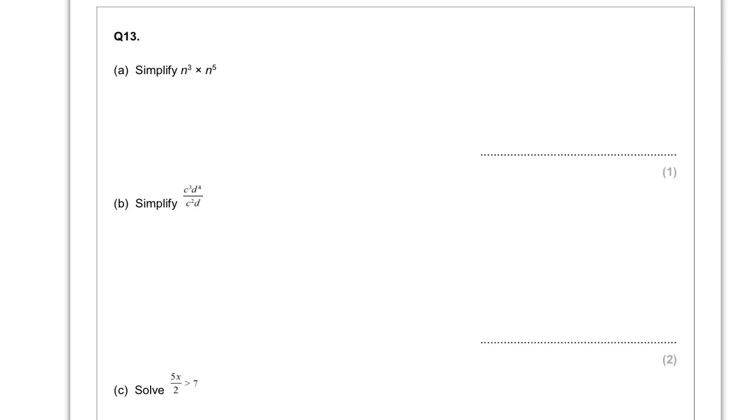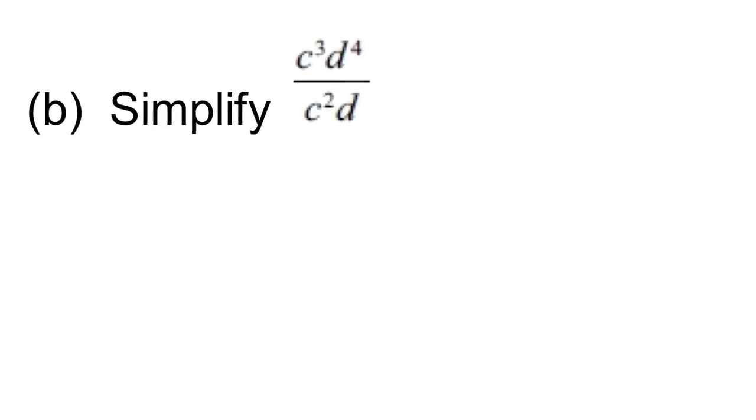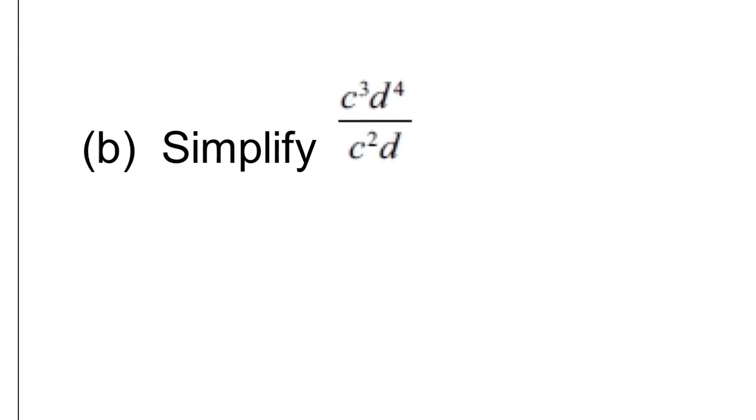Okay, I think it's great to practice indices because I think they'll come up all the time. So 9 to the power of 3 times 9 to the power of 5. Bases are the same. We add the powers, we get 9 to the 8. Okay, now for this one, technically, this is the same as saying c to the power of 3, d to the power of 4, divided by c to the power of 2, d. Now, depending which way you prefer, some of you can cancel this way.